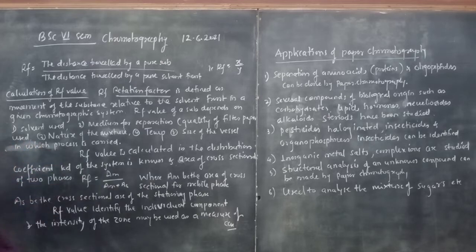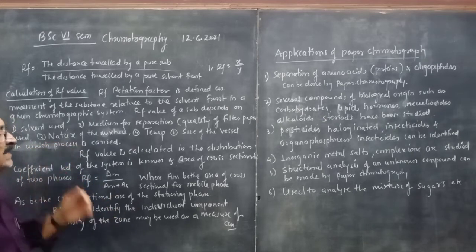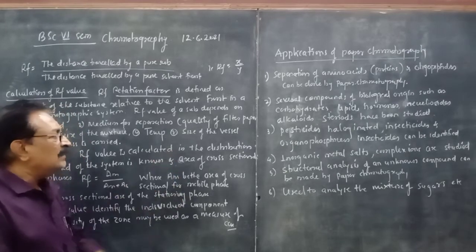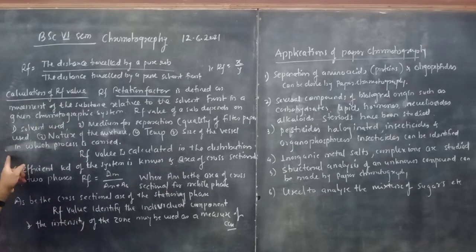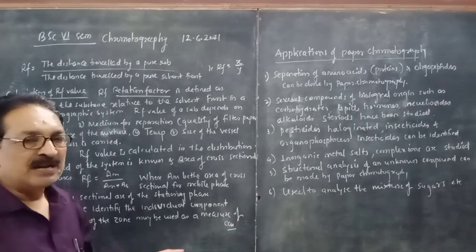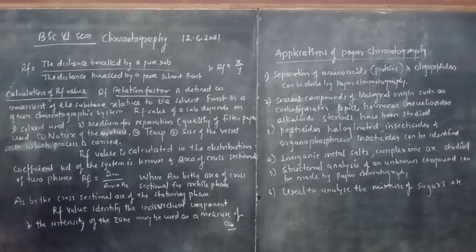Third is the nature of the mixture, meaning the mixture which contains the components that are separated from one another by this technique. Fourth is the temperature. And the fifth is the size of the vessel in which the process is carried out. The process is carried out in a glass vessel and its size is also important here.